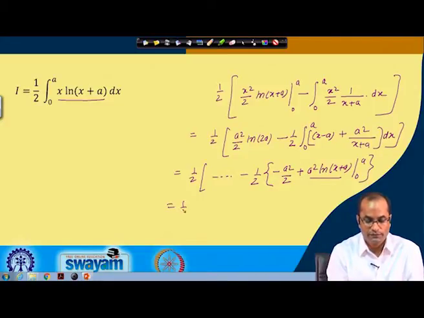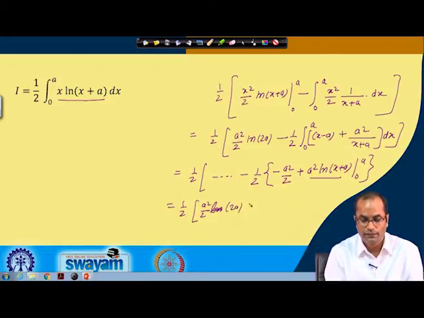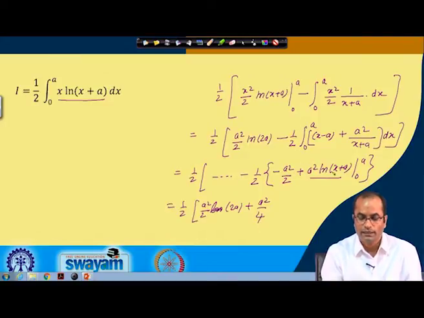So, what do we get? Half the first term, which is a square by 2 and this ln 2a, and we have minus minus plus a square by 4 here, and then here a square with minus half term, a square and ln 2a, and then 0. So, this will be plus half and then a square and ln a.